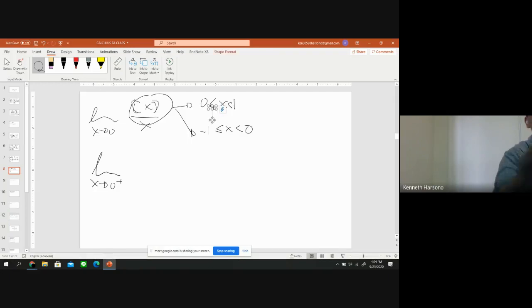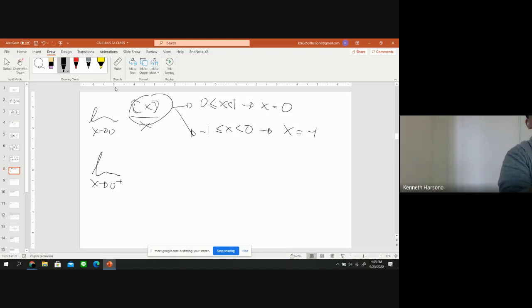For the first one, x between 0 and 1, we can give x the value of 0. And for -1 until 0, x is equal to -1.